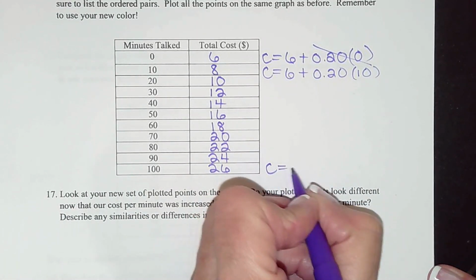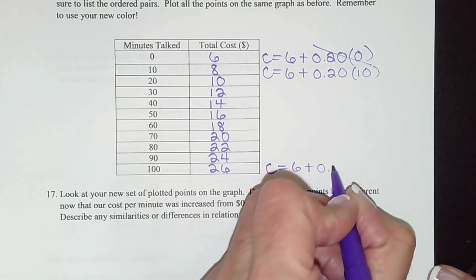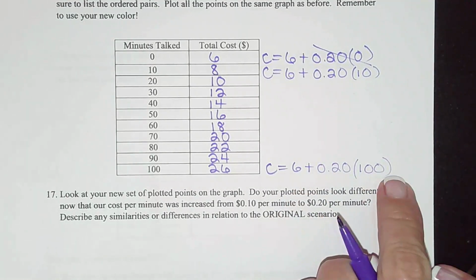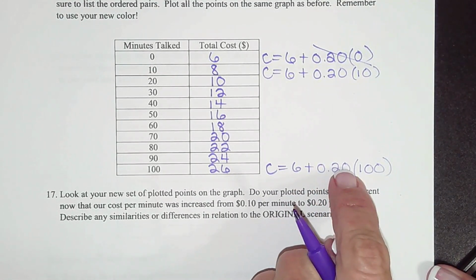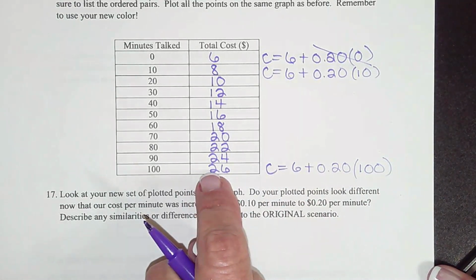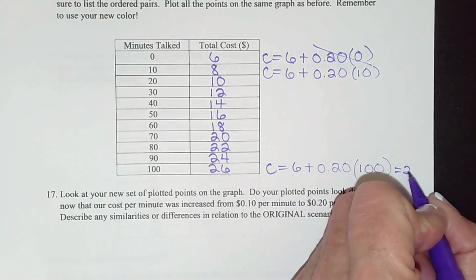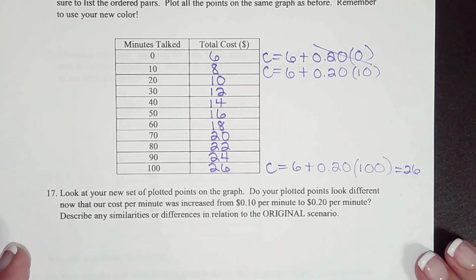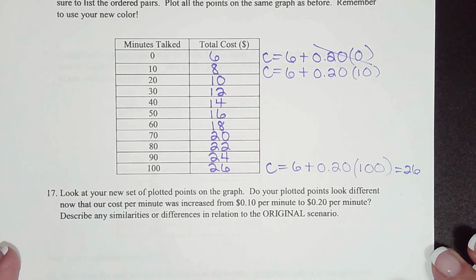So 6 plus 20 cents times 100 minutes. When you multiply by 100, it moves the decimal over 2. So that would be 20 plus 6, 26. Ding, ding, ding, ding. So then we can be sure that our pattern's correct. Always do that check. You would be surprised how many times you'll catch an error.